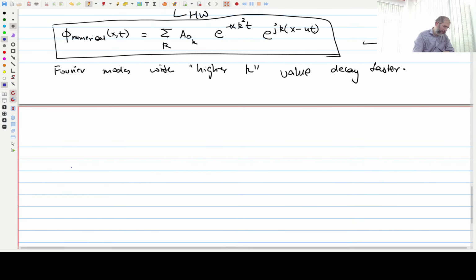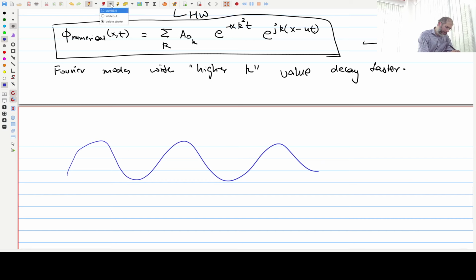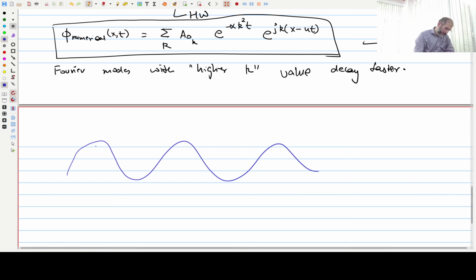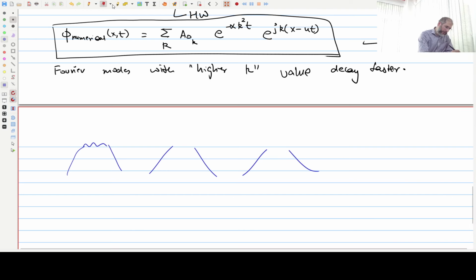So let's say we have a solution which looks like this. The solution could be anything, but let's say the solution actually looked like this.